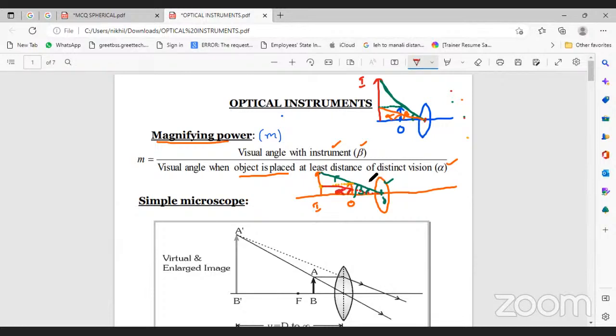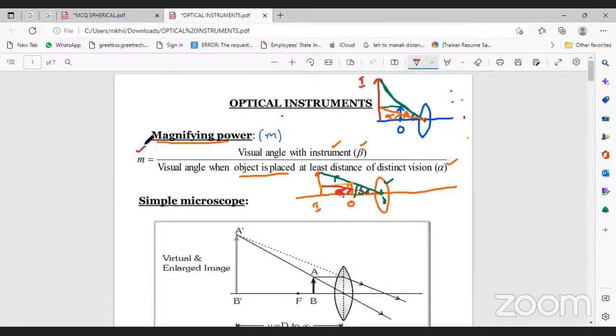So beta is the angle made by the instrument. Alpha is the angle made by the object. That angle ratio beta by alpha is what we call the magnifying power.